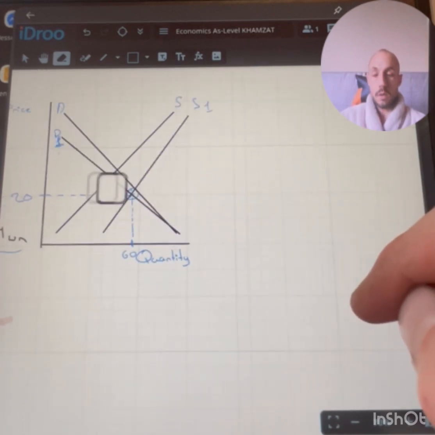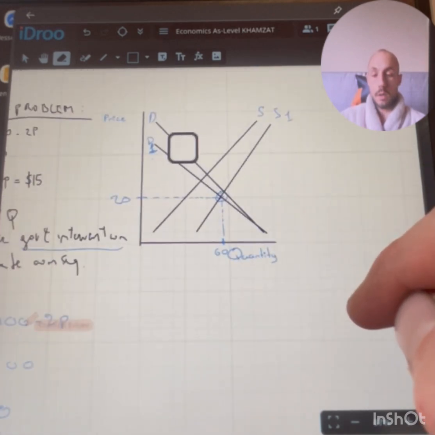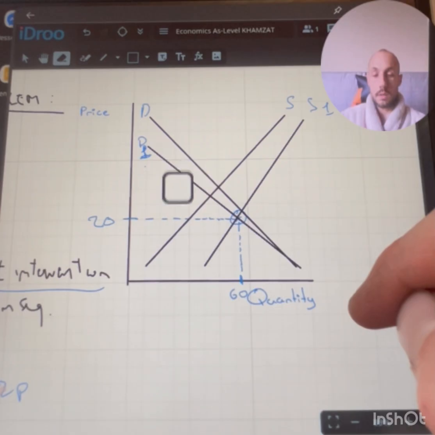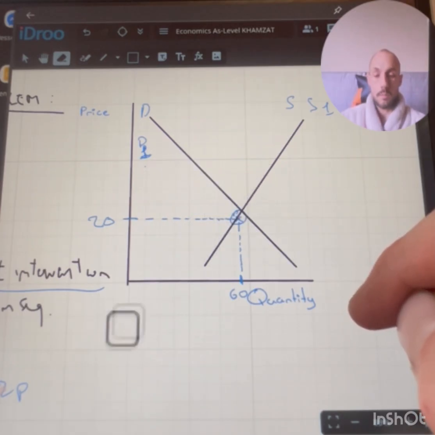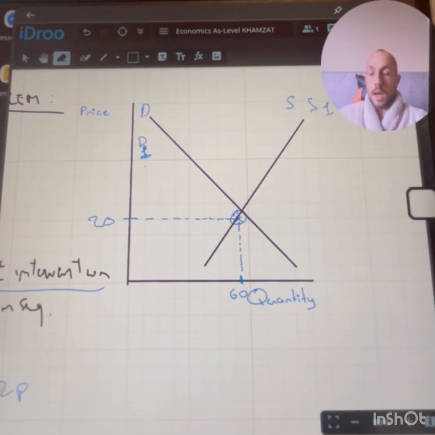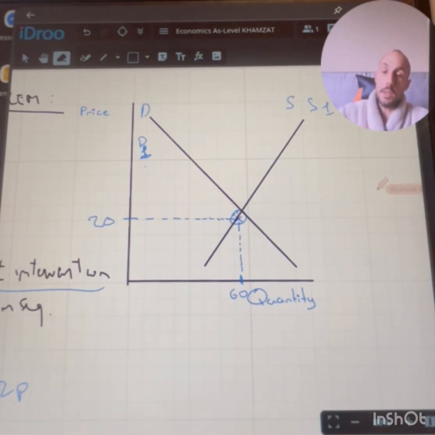Now, let's take out this one and this one. My computer went off charger, so I'll be on my iPad. No worries. Find the demanded and supplied quantities at the price ceiling.